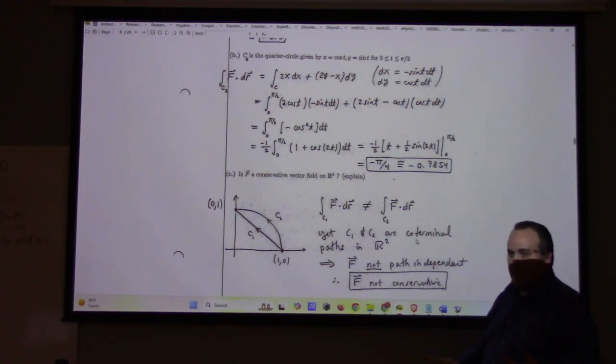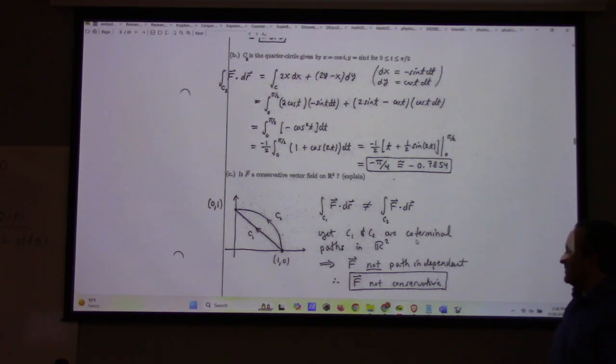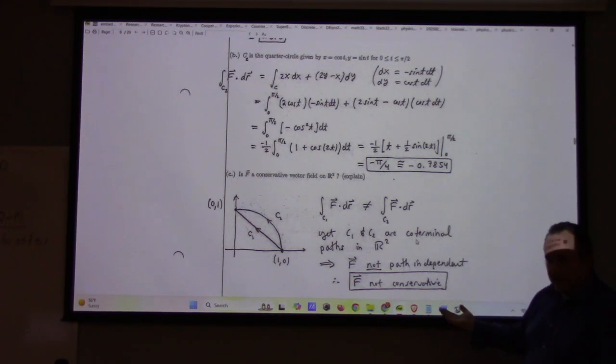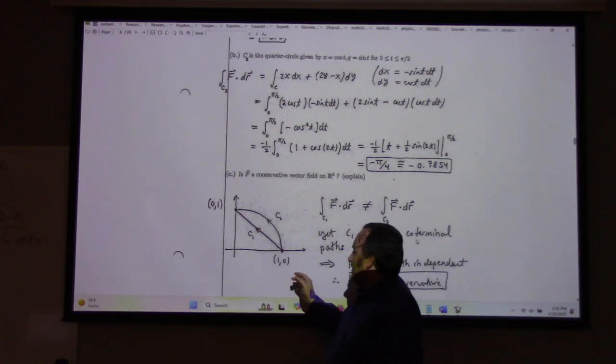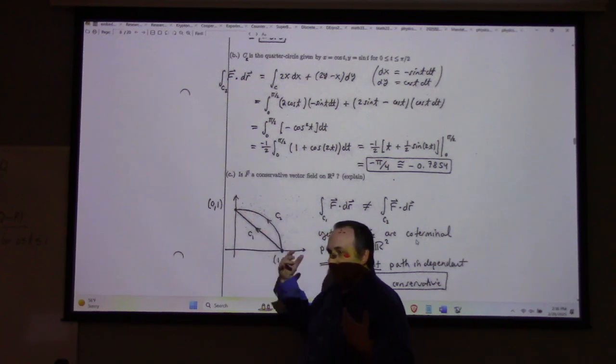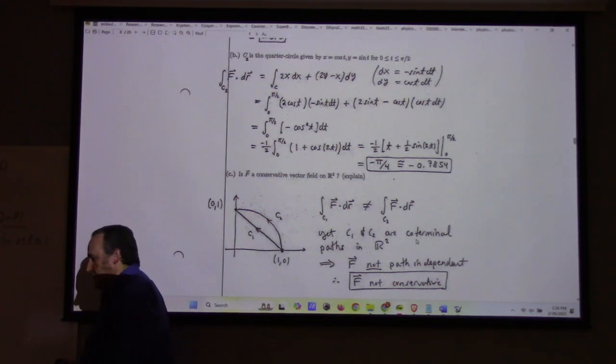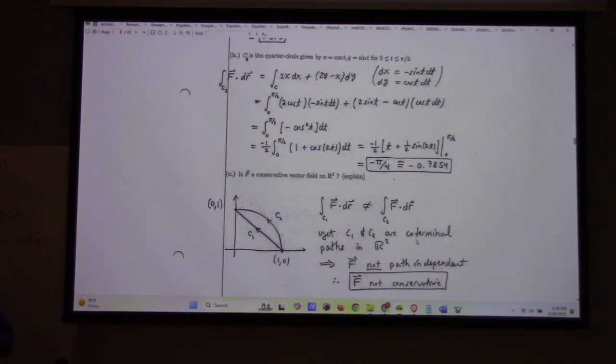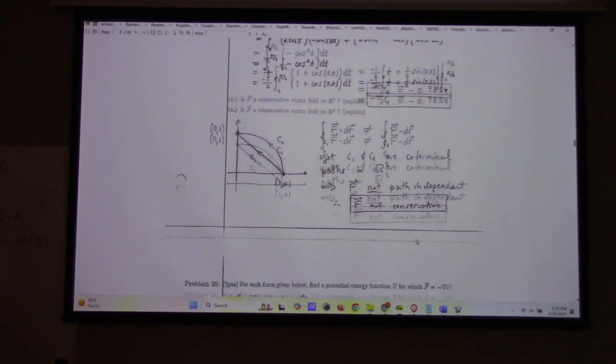Therefore, by all the theory we talked about, it's not conservative. If it was conservative, there'd be a potential energy function, and we'd be able to calculate the work done from this point to this point simply by calculating minus the change in the potential energy. But we obviously can't do that because the work depends on the path, right? All right.